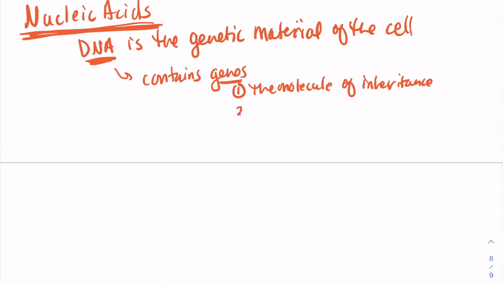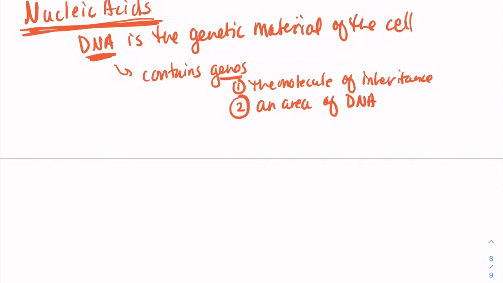Let's expand our definition of a gene and say that it's an area of DNA that contains information telling the cell how to build a certain protein. So an area of DNA with instructions for building a protein.